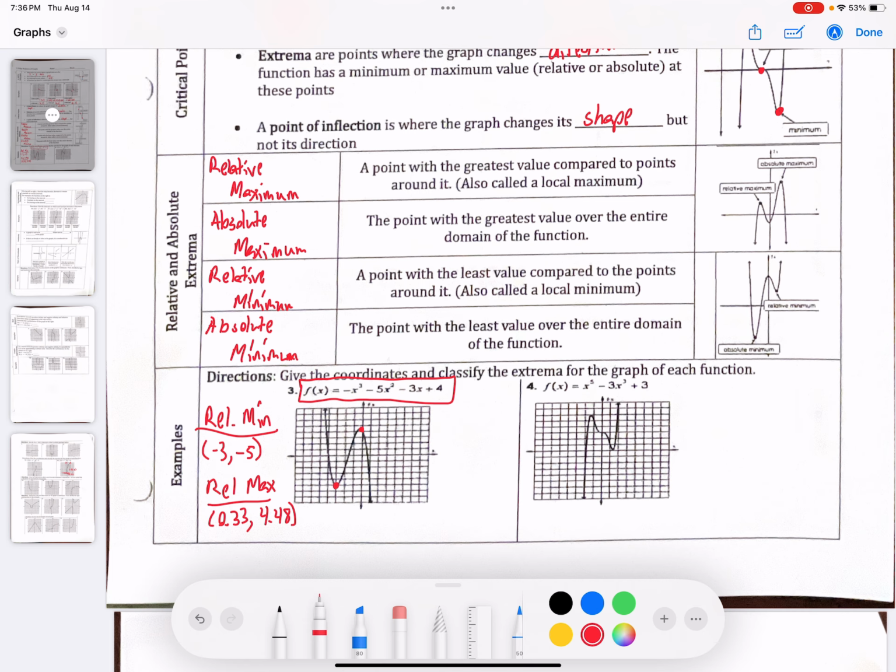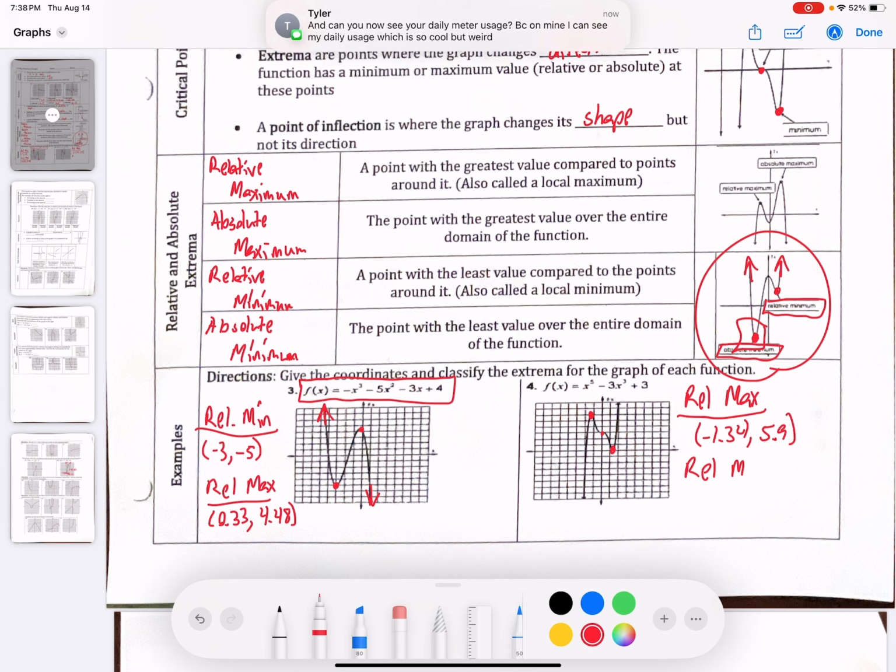Okay. So on this one, we've got a maximum here, a minimum here, and then a point of inflection in the middle. Okay. So we'll start with our relative maximum. So our relative maximum is (-1.34, 5.9). Again, I got those numbers by plugging the function into Desmos. If you want to try that out, definitely try that out.